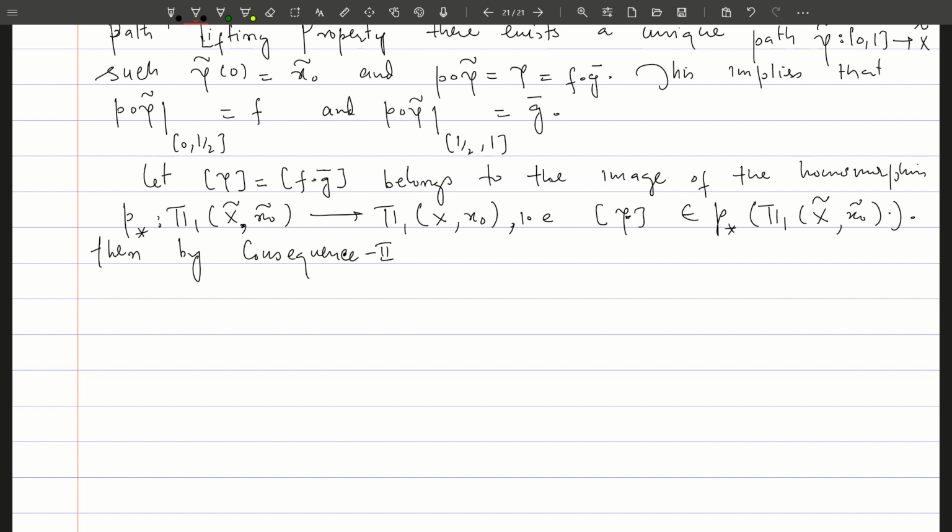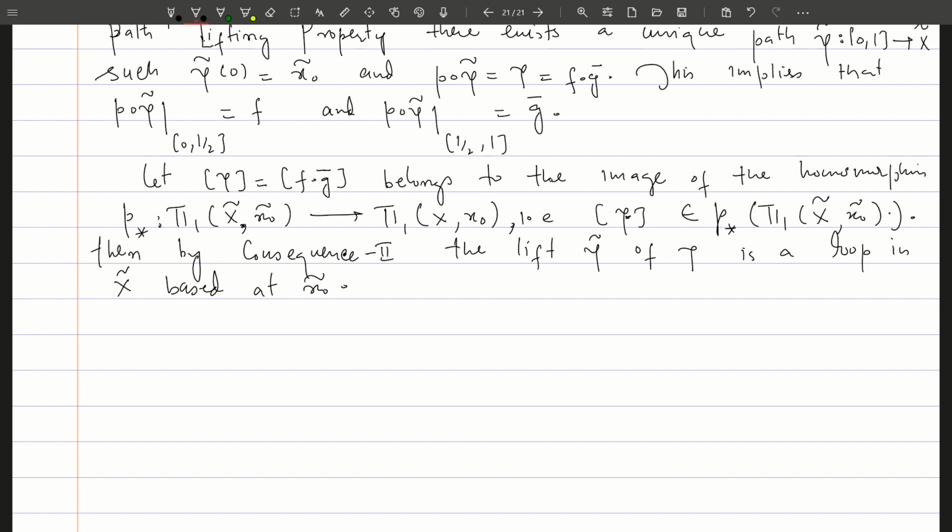So the lift of gamma is a loop in x tilde based at x naught tilde.